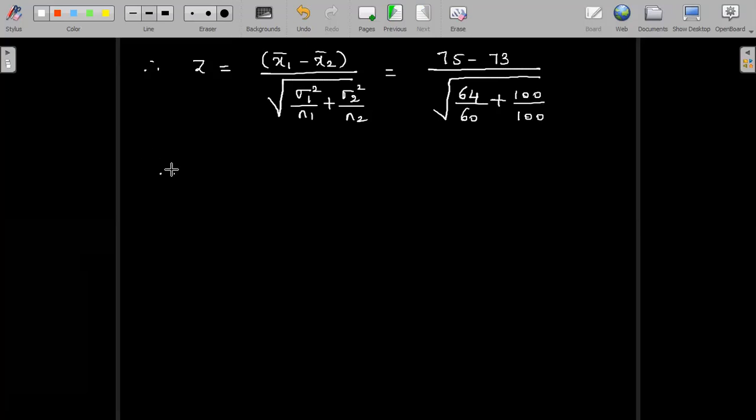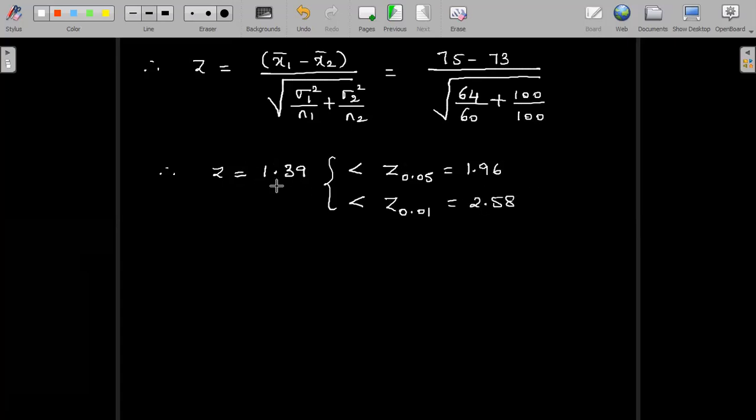We will evaluate this using a calculator. We obtain the answer as 1.39. When we compare this with Z 0.05, which is 1.96, it is less than 1.96, as well as Z 0.01, which is 2.58.